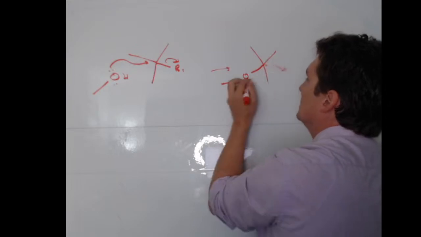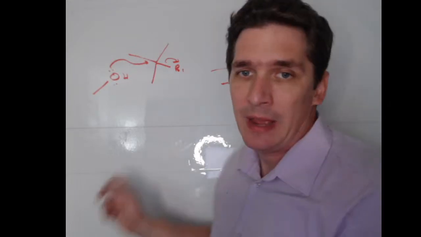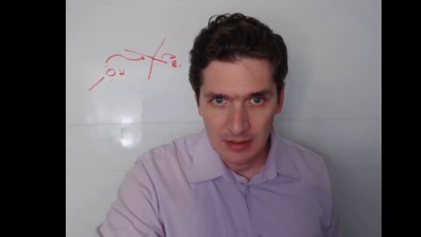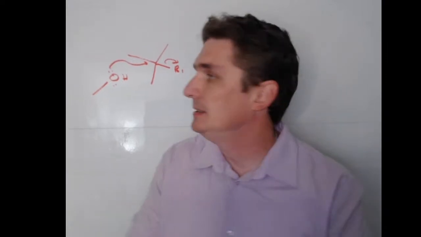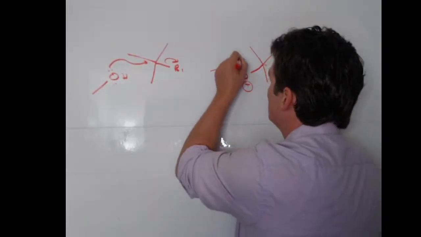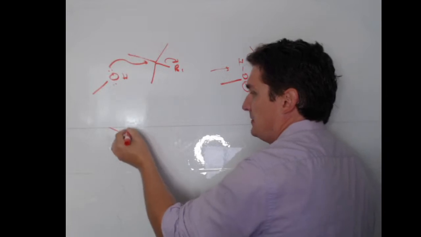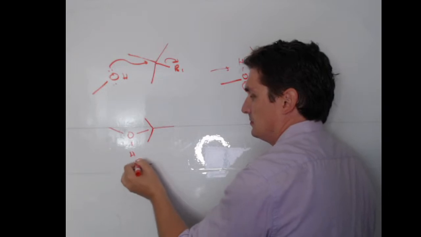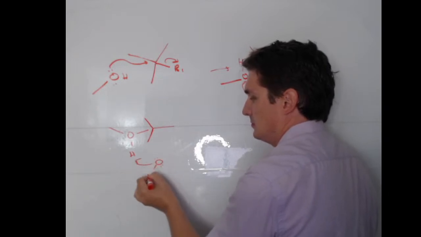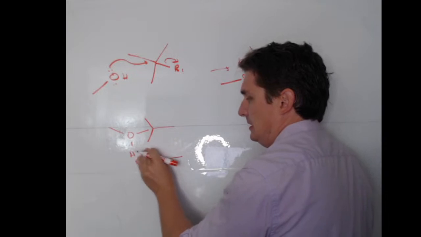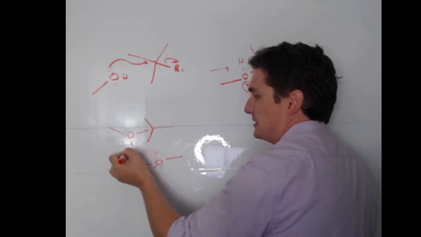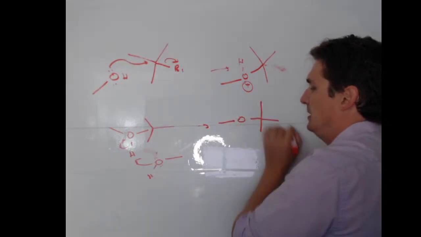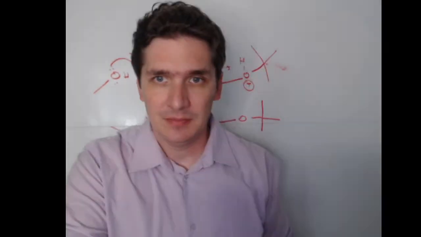Oops. And if we're going the Sn2 pathway, this is what we'll end up getting. Let me see. Now, what will further happen, because we've got this hydrogen attached, is we'll have the solvent acting as its own nucleophile. So a methanol molecule will extract the hydrogen from this oxygen, and we'll end up getting methyl tert-butyl ether.